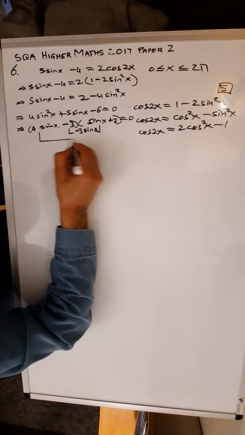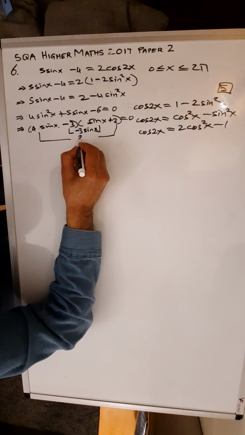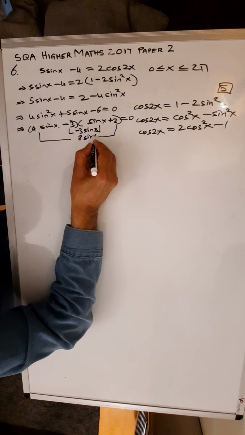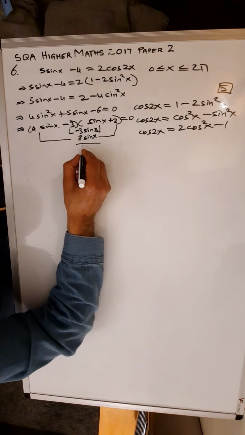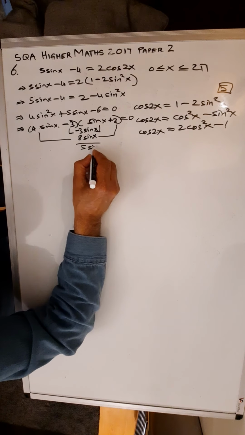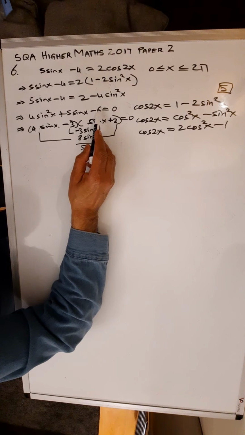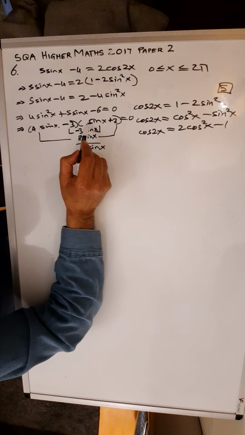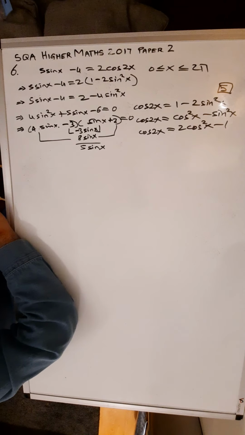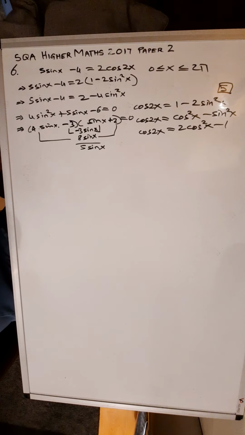The 4 sin x multiplies with that 2 to give you 8 sin x. Adding these gives you the required middle term, which is 5 sin x. So that shows you that it's correct. Minus 3 times plus 2 gives you minus 6, and 4 times 1 gives you the 4 sin squared x. So that's fine. Okay, so that works.